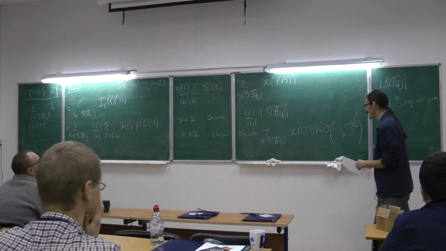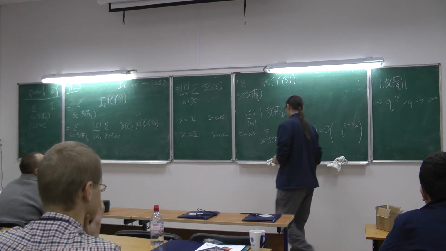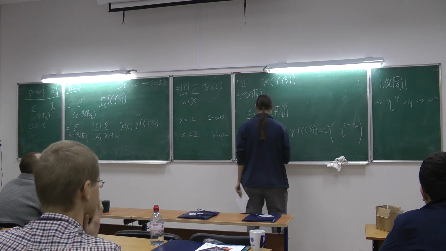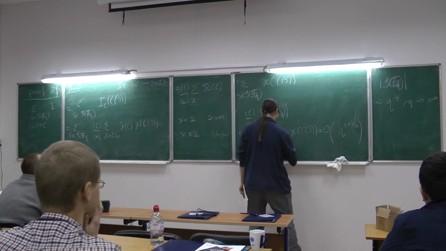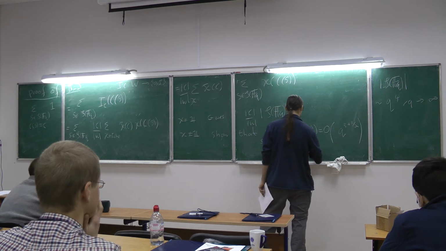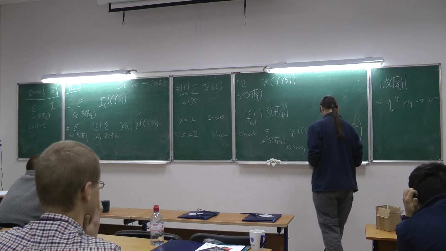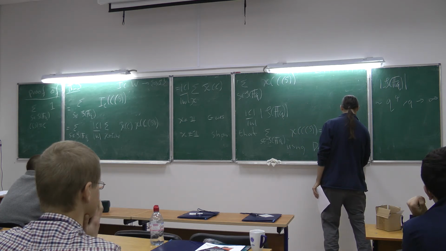And how do we show this? Thankfully, most of the work we need is already done by Deligne. So we show cancellation here using Deligne's work on the Lang conjectures, so I guess this is 1980.